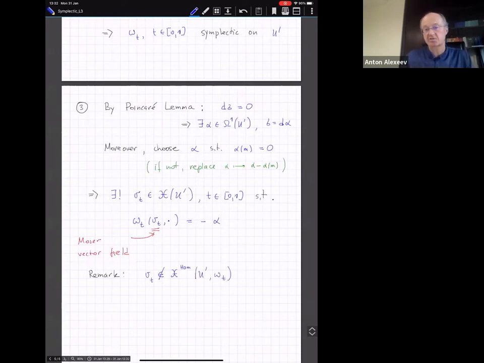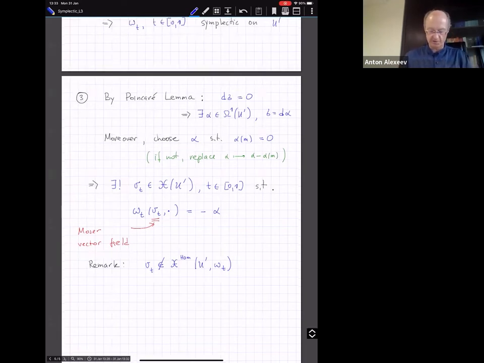That's because alpha is usually not exact. The alpha is sigma. If sigma is non-zero, then it's not a Hamiltonian vector field. So even though the equations look somewhat similar to what we saw in the beginning of the class, this is a family of vector fields which are not Hamiltonian.